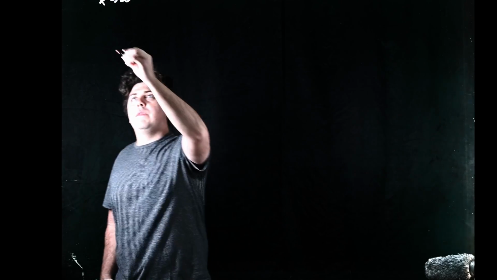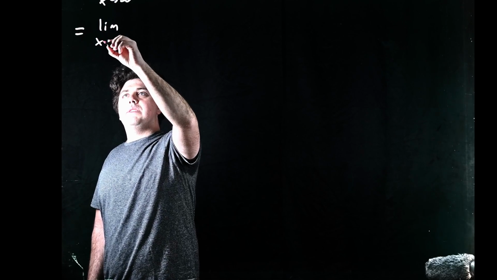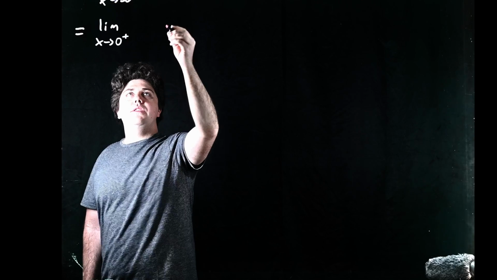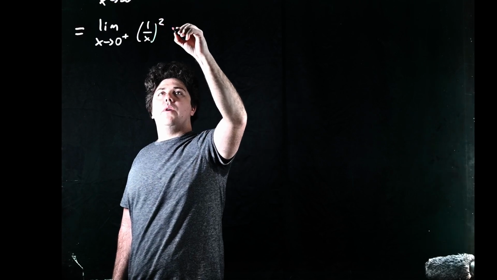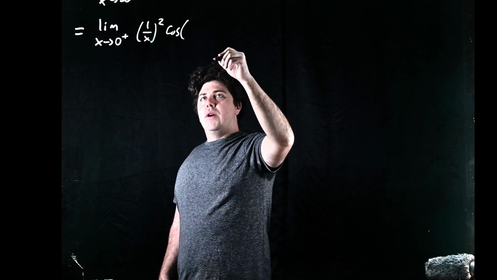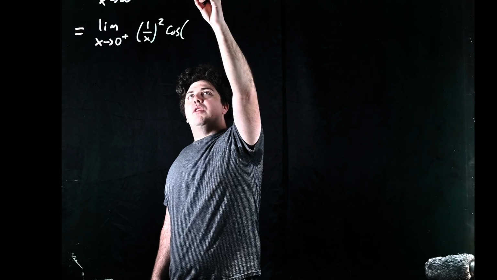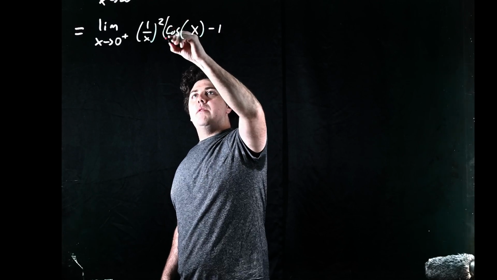But let's do an example here. We can use this switching things around technique and turn this unfamiliar limit into a familiar one, and that's the whole idea. So by what we just said, this is the limit as x goes to 0 from the right of 1 over x squared times cos of, I'd write 1 over x, but that's hard to see. Note that 1 over x is just x to the minus 1.